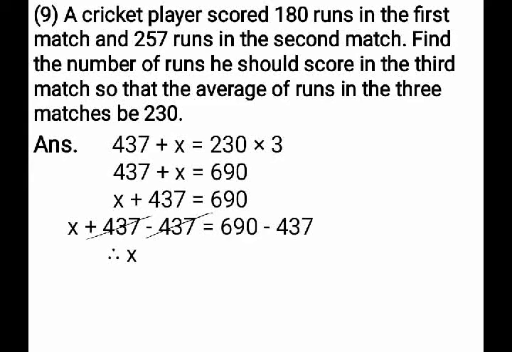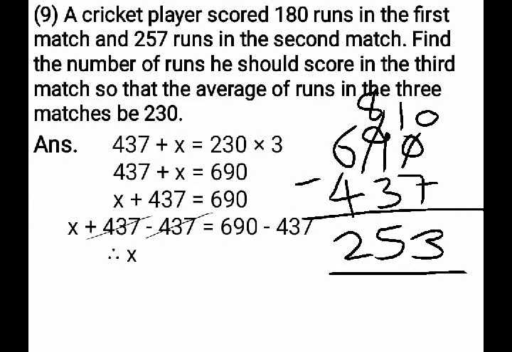you have to subtract this number now, 690 minus 437. I have subtracted the numbers 690 and 437. 690 minus 437, you are getting the answer 253. 0 minus 7 is not possible, so you have to take 10 when you do the starting cancellation, and the digit before it becomes 1 less.